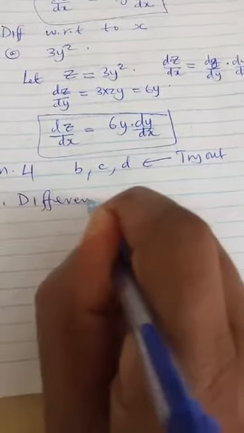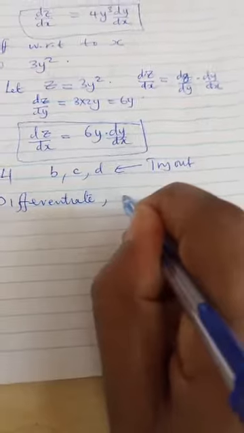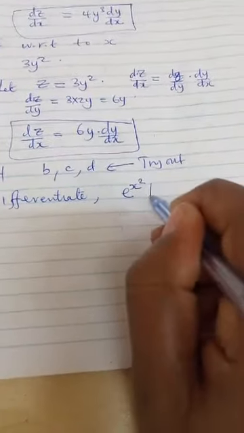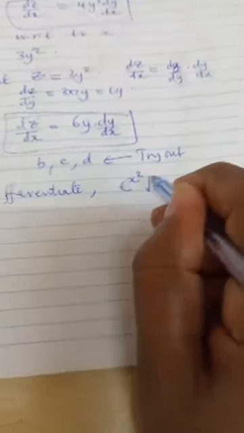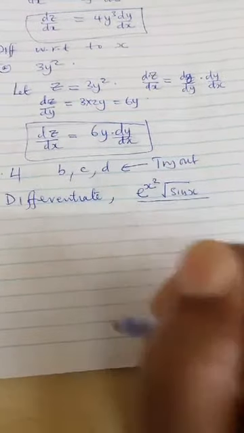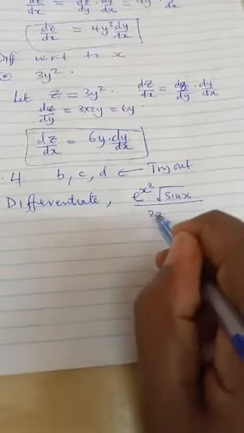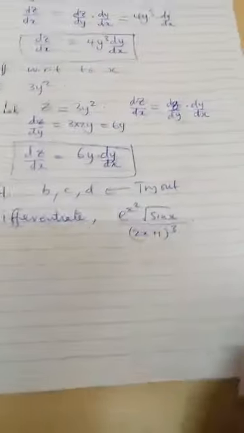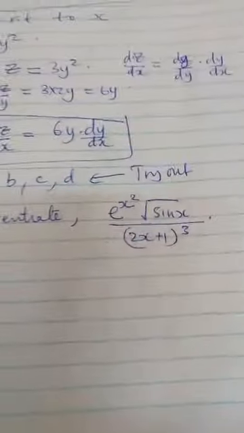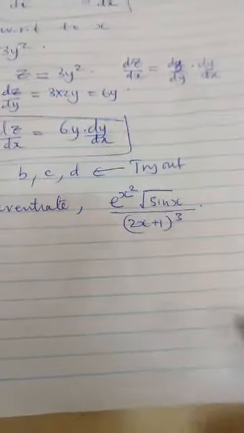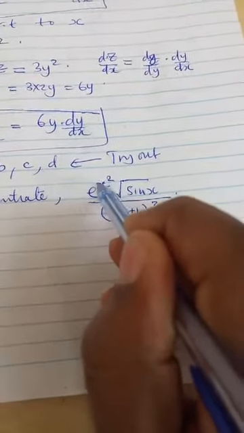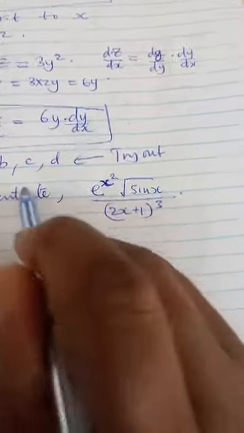Differentiate, and you're given a function like e to the x squared root of the sine of x over 2x plus 1 cubed. Now the concept of differentiation is the same throughout. When we are given a function in x, we usually want to get dy dx.